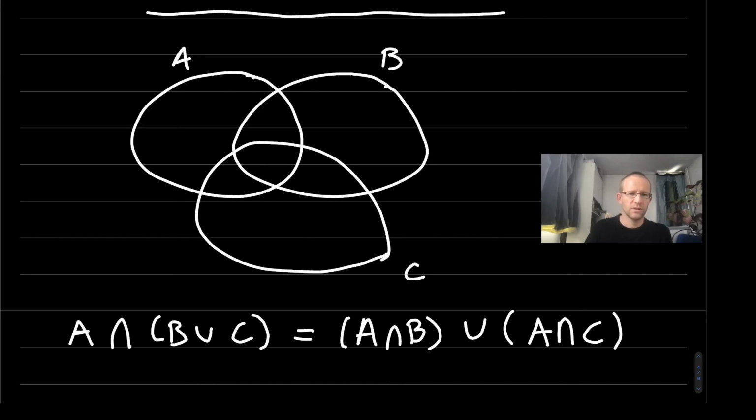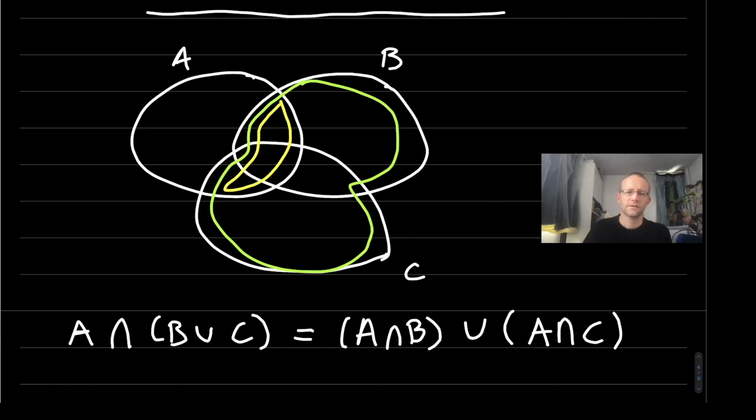So we take B union with C, that's everything that's here. Then we intersect with A, which is this part. That's our final answer for the left-hand side.